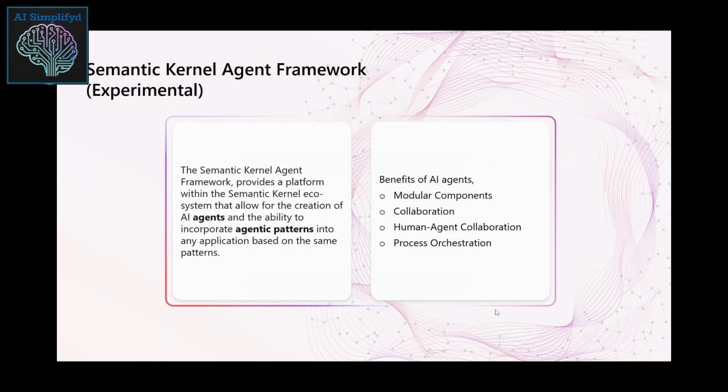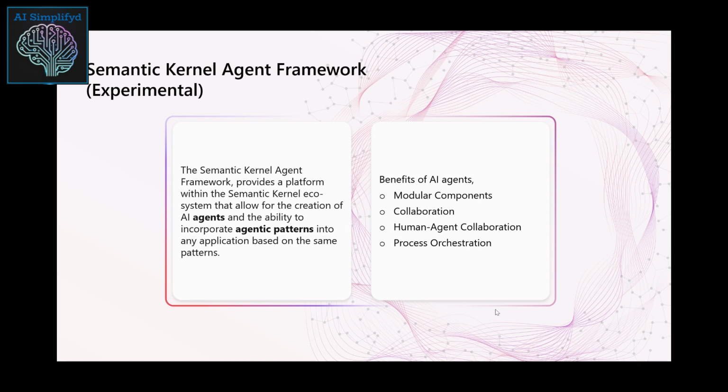Now, recently we announced the availability of the Semantic Kernel Agent Framework. The Agent Framework provides a platform where you can create agentic AI architectures, where you can do a single agent system, a multi agent system, a hierarchical agent system, or any kind of agentic pattern that you want to implement within the Azure AI platform.